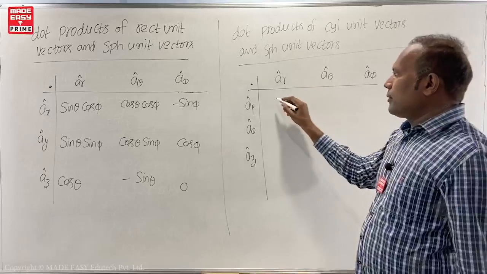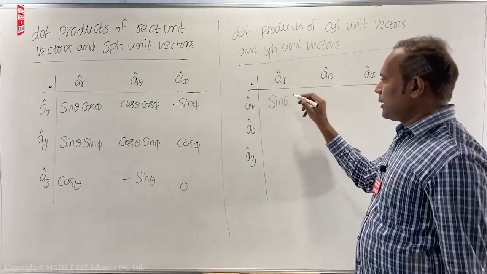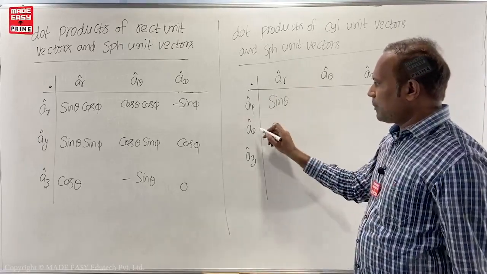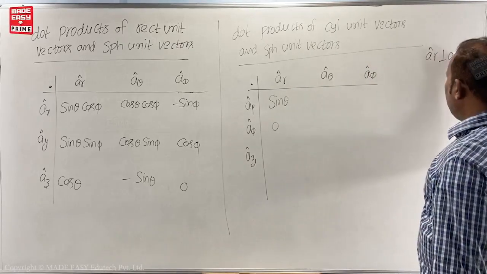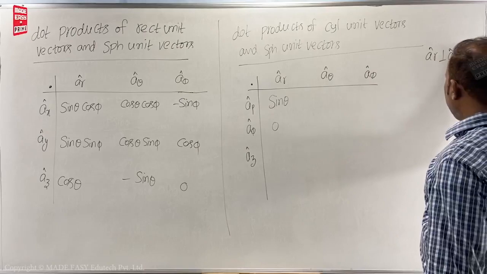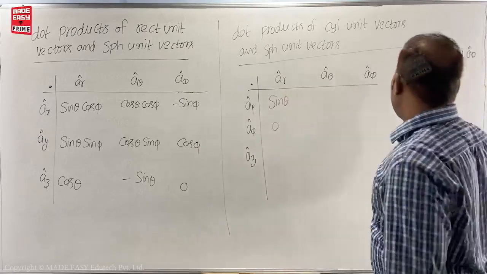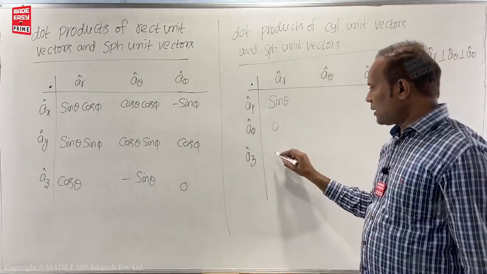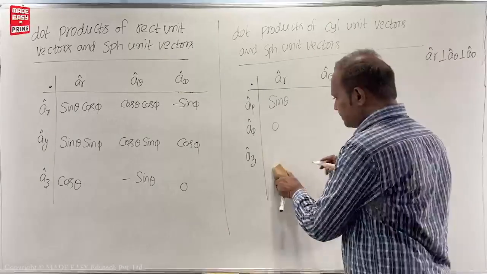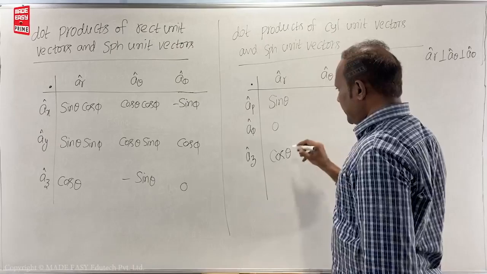So rho is equal to R sin theta, so you will get the sin theta here. Here A phi and AR 90 degrees, no? You know that AR perpendicular to A theta perpendicular to A phi. So A phi and AR, 90 degrees, 0. Then Z is equal to R cos theta, so you get here cos theta.